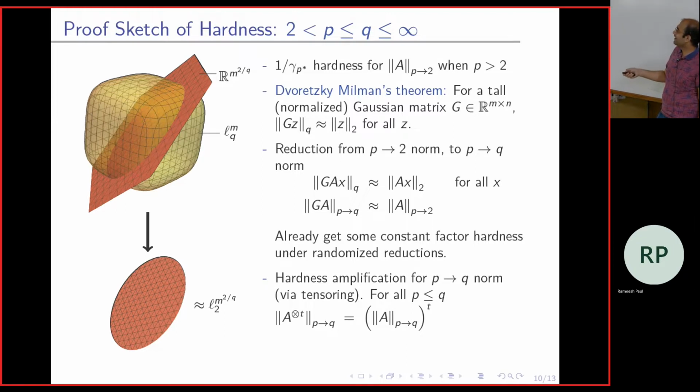And then you can tensor this. You can take the matrix GA and tensor it to a large enough power. And we know that for hypercontractive norms, the tensors have a nice property that the norm actually gets multiplied. So you get from constant to quasi-quadratic.